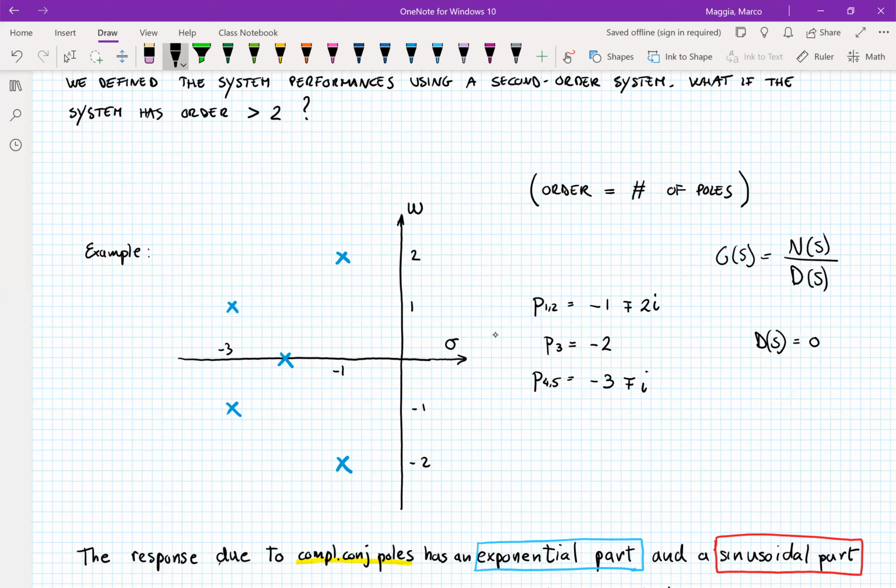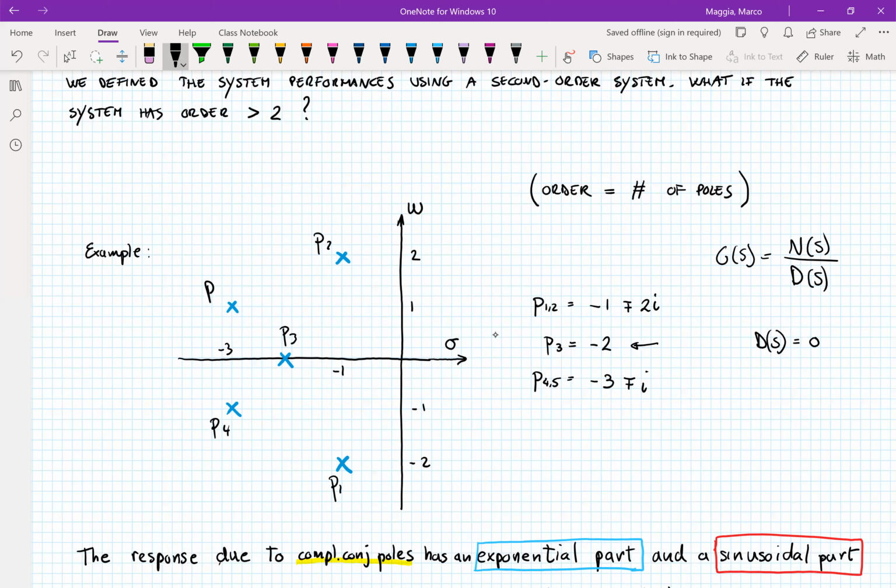So since the polynomial has real coefficients, according to the fundamental theorem of algebra, its roots must be either real, like P3, or if complex, like P1, 2, 4, and 5, they have to be complex conjugate. P1 and 2 are complex conjugate, and so are P4 and P5. So these 5 poles can represent the poles of a system. Okay, so always make sure that what you're given makes sense.